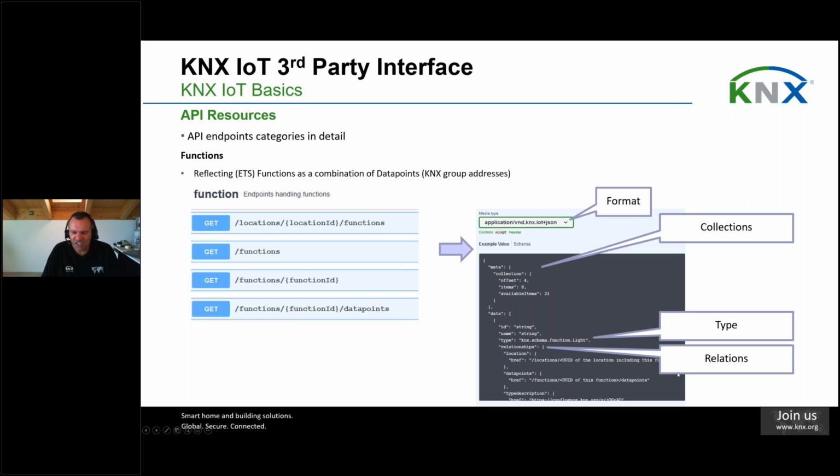We have the relations, where these functions are embedded, possibly in a location. Do they have a specific format? That's a response format. And here we have the information about the collection: how many functions are embedded in this structure, from which offset to which item I'm currently collecting, and how many are in that collection, let me call it in such a way.